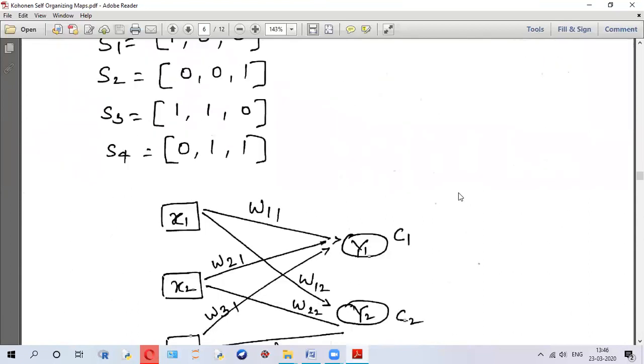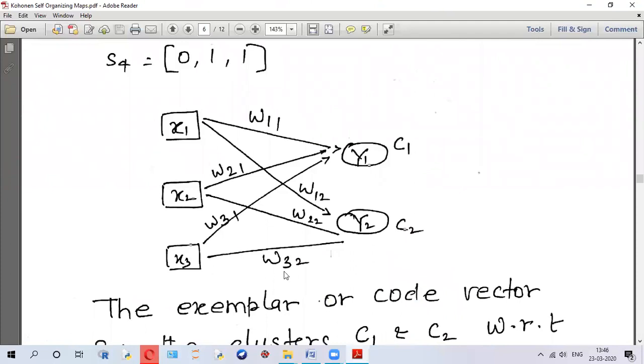So ideally, if we talk about the structure, this could be a possible architecture or structure corresponding to this given column. There we have four input patterns and two output units, and corresponding to the output units, we have two clusters. Right? The weights have been marked in this manner.